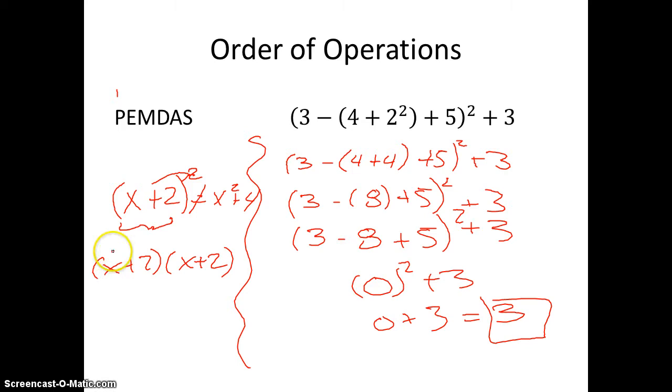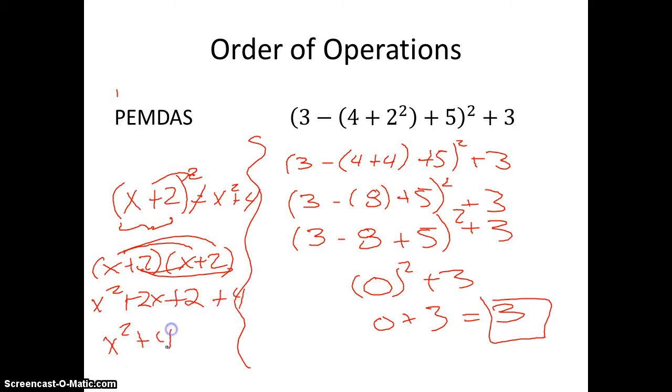And then there we FOIL: first, outer, inner, last. So our first two terms are x squared plus 2x plus 2x plus 4. So that gives us x squared plus 4x plus 4. That's what that gives us.